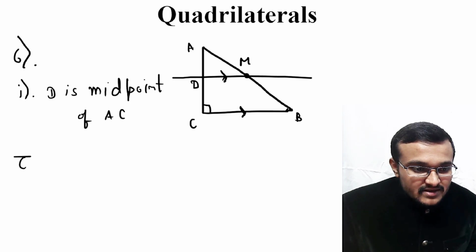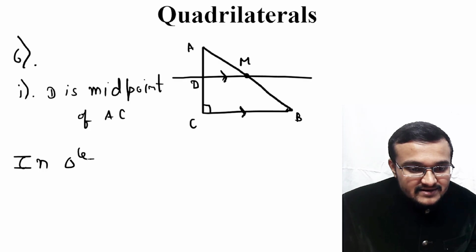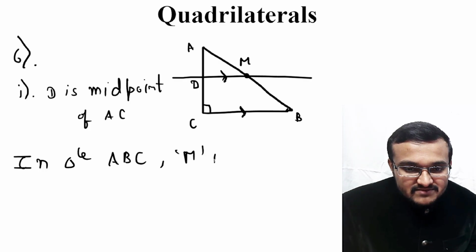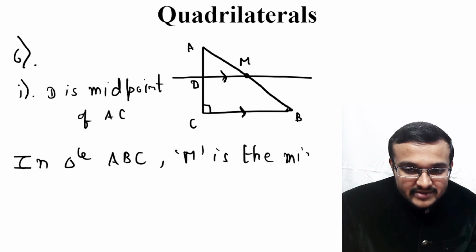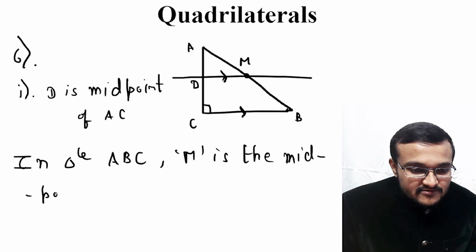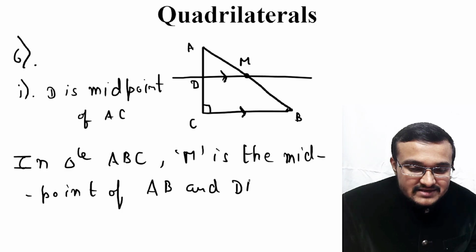So here in triangle ABC, M is the midpoint of AB, and DM is parallel to BC.